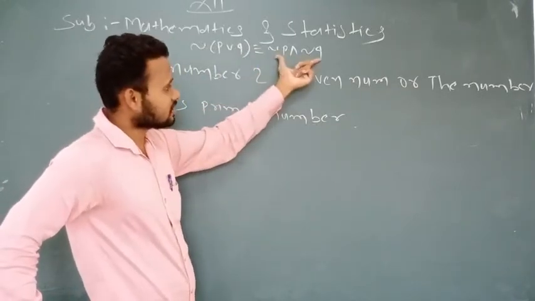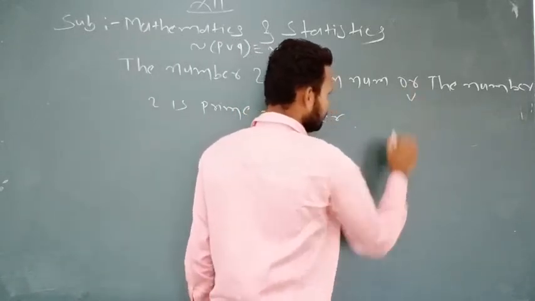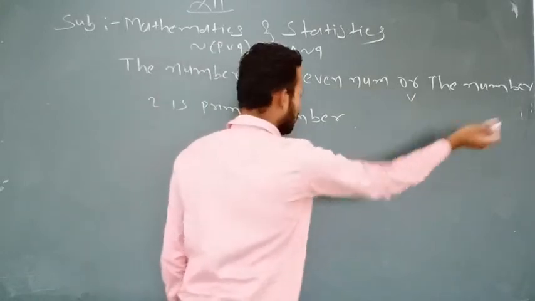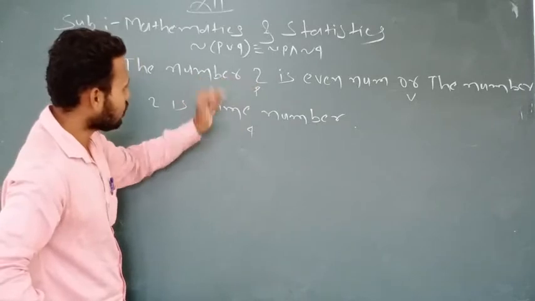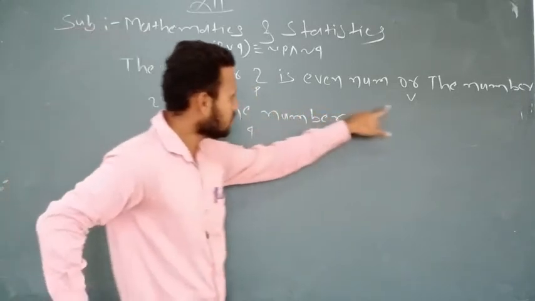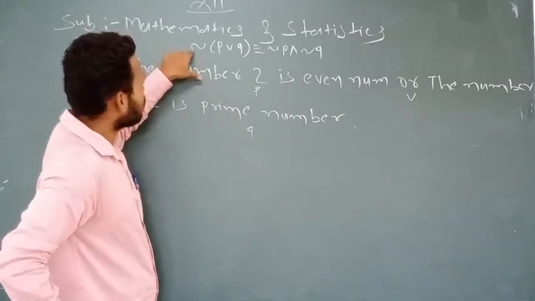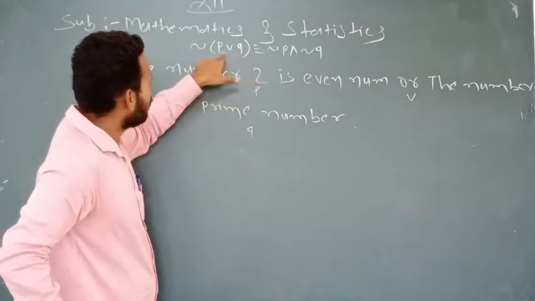Which is the same as the conjunction of their negations. Here, or means disjunction, with this statement P before or and this statement Q after. Therefore we have to find the negation of P disjunction with Q, which is required.